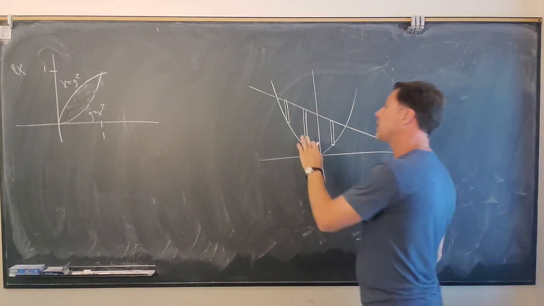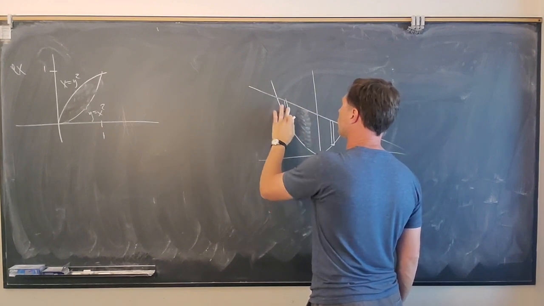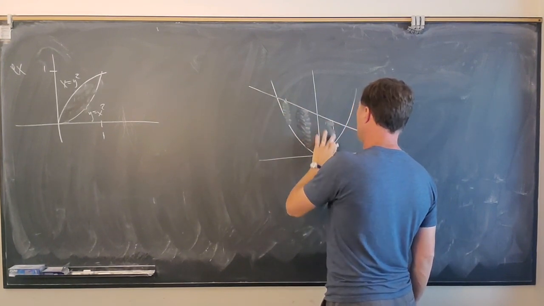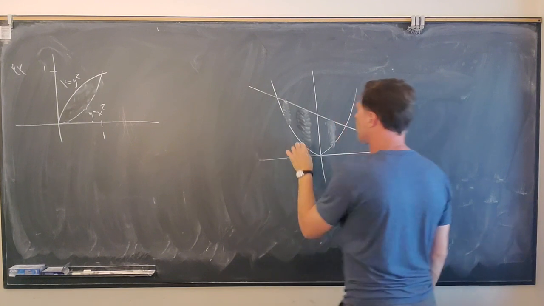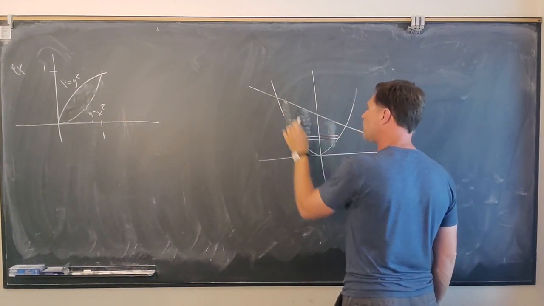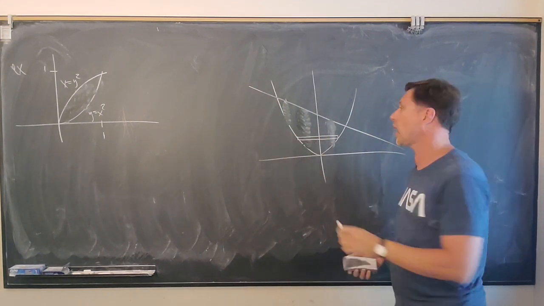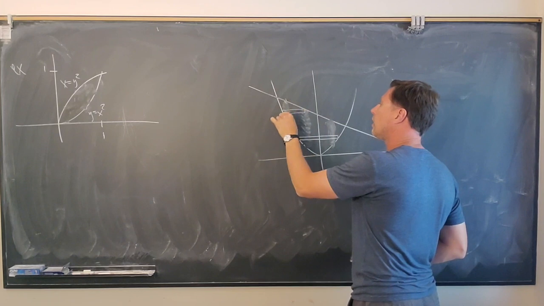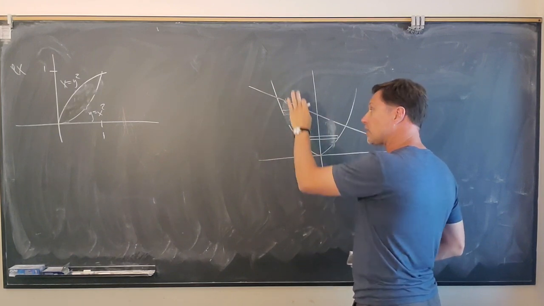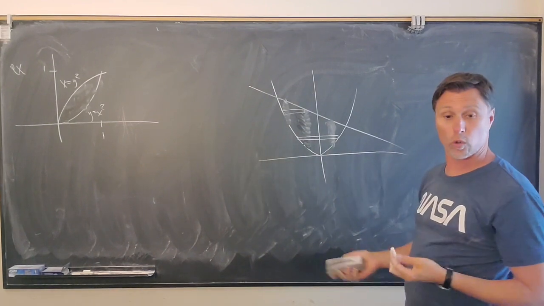Vertical rectangles are legal. But if I draw horizontal ones, look at when I draw a horizontal one down here, it only hits the lower graph, and it hits it twice. Up here they're legal, down here they're not. And so in this region, only vertical rectangles are legal, horizontal ones are illegal.